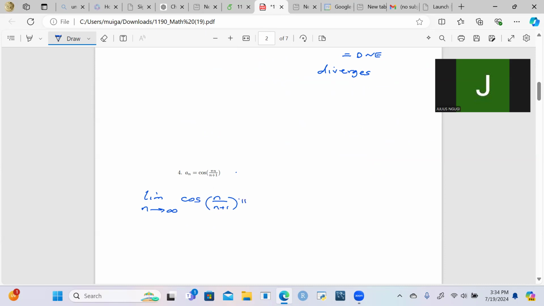Because this is a continuous function, we can find the limit of the argument inside the cosine. Then we find the limit as n approaches infinity of n over n plus 1, times pi.